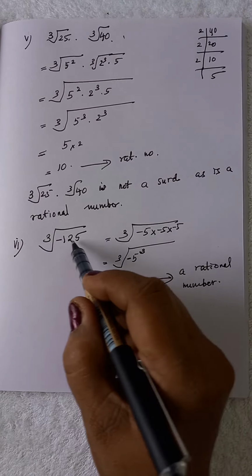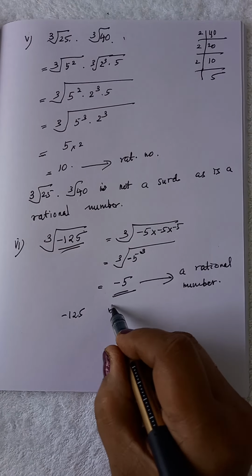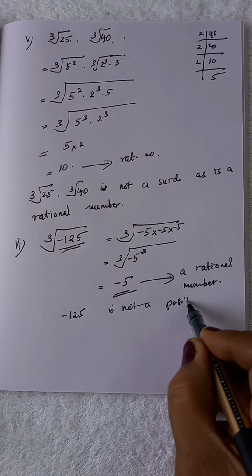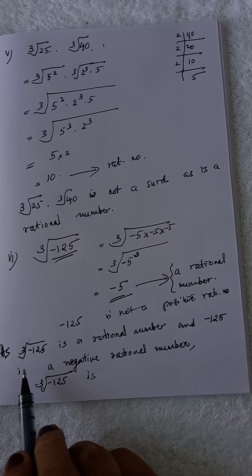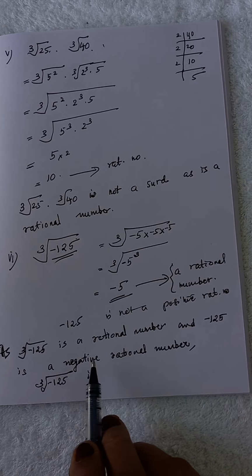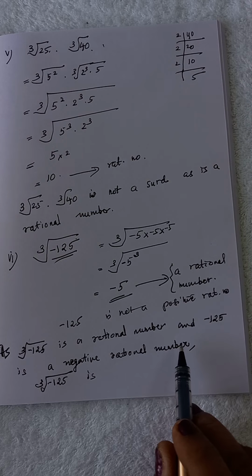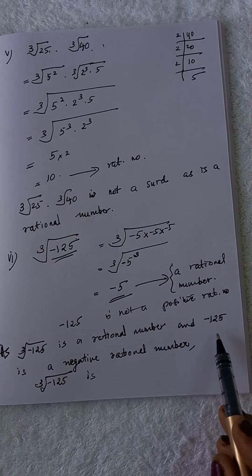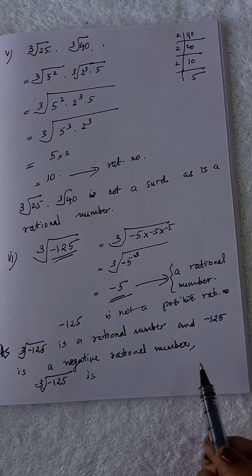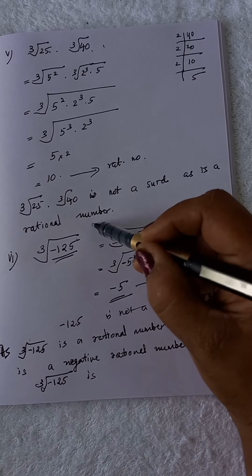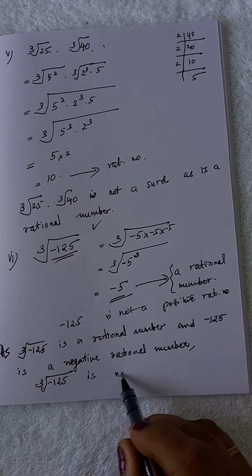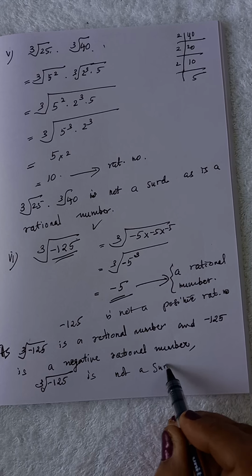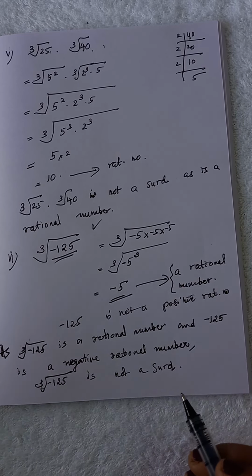Moreover, this minus 125 is not a positive rational number, not a surd. As cube root of minus 125 is a rational number and minus 125 is a negative rational number, cube root of minus 125 is not a surd or not a radical.